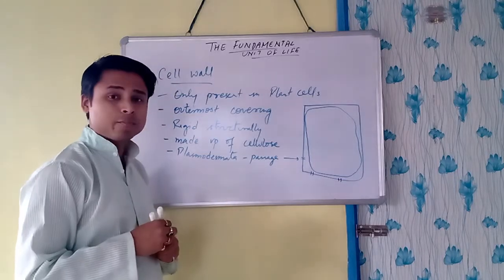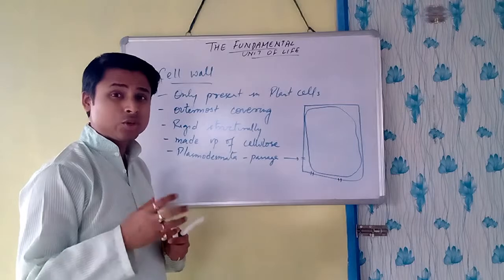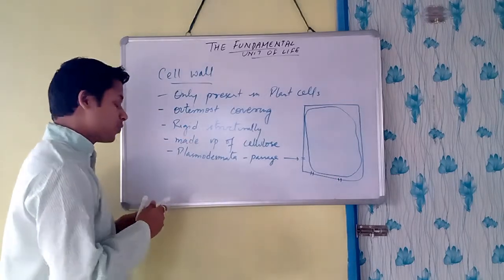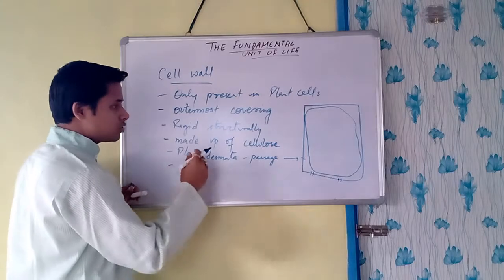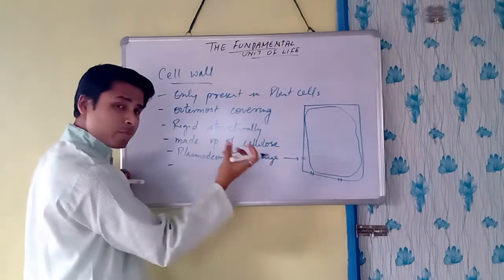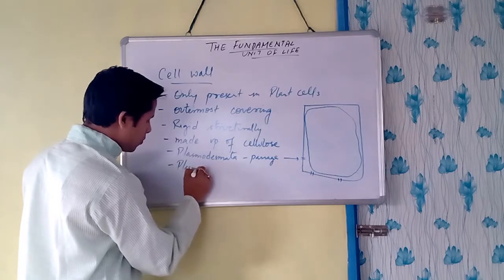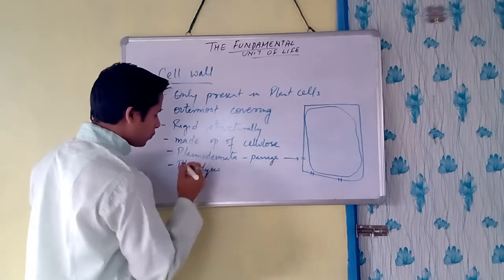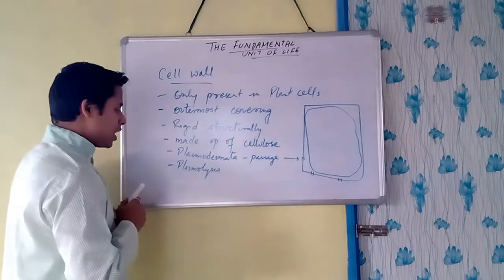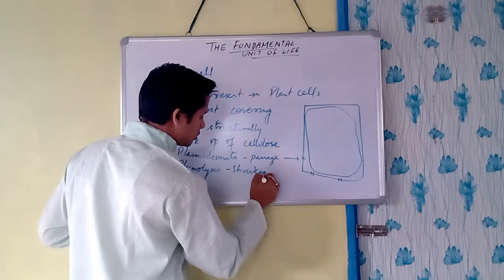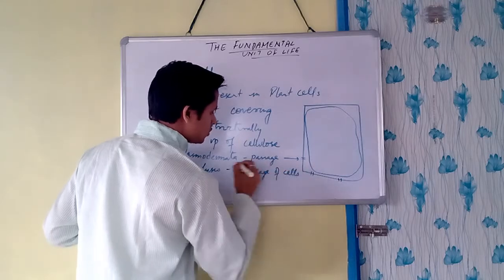Now sometimes, as I have said, due to a change, the cell undergoes shrinkage or swelling. When the cell shrinks, the plasma membrane shrinks too. That process is called plasmolysis. Plasmolysis means the shrinkage of cells.